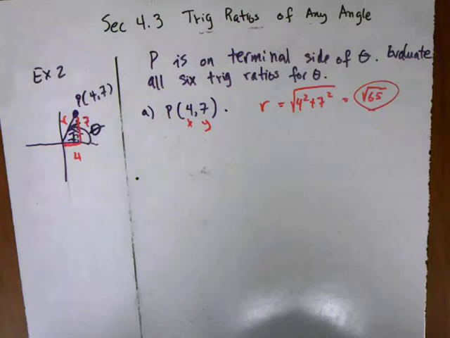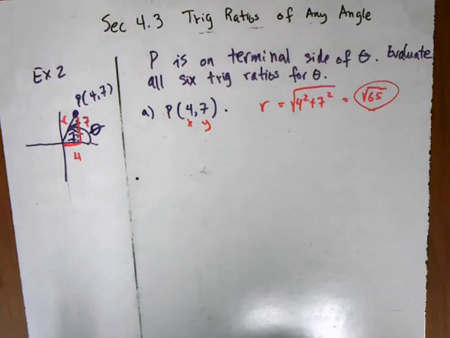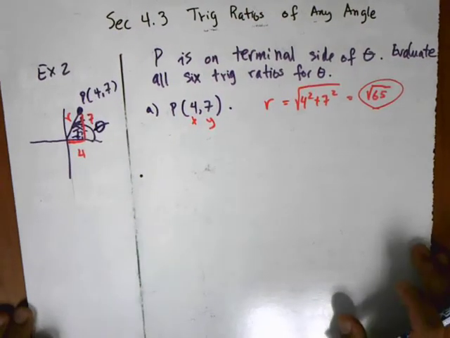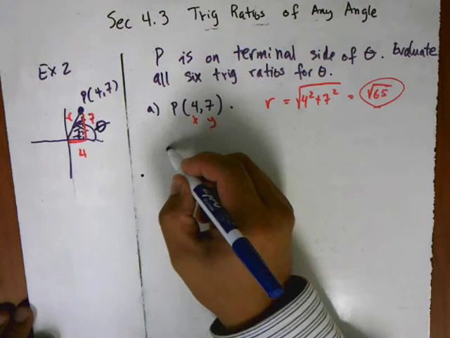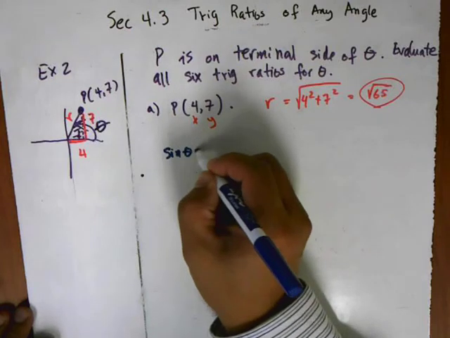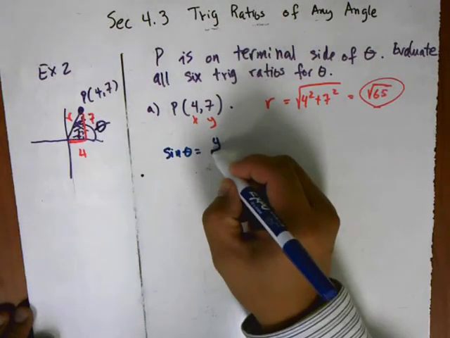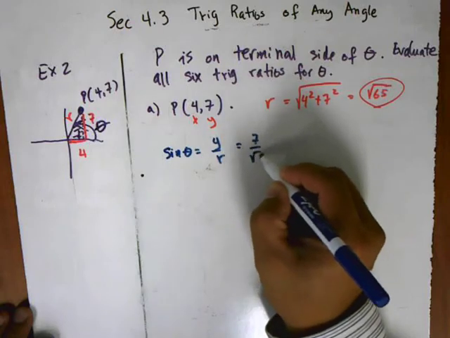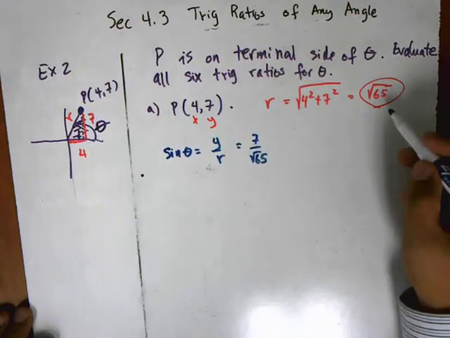And when you're learning this lesson, you should really try to think about all of these ratios in terms of x, y, and r, and try to steer yourself away a little bit from thinking too much about opposite, adjacent, and hypotenuse, because that works sometimes in this new world, but not all of the time. So let's start with sine. Sine of theta is, by definition, y over r, so this is 7 over square root of 65.